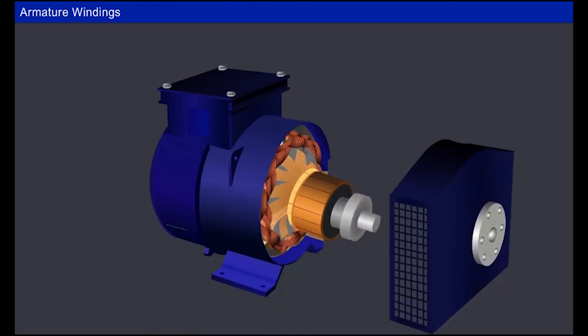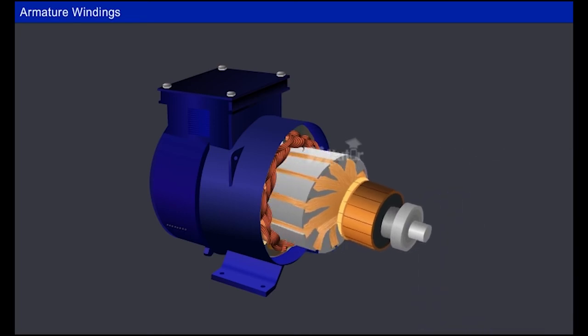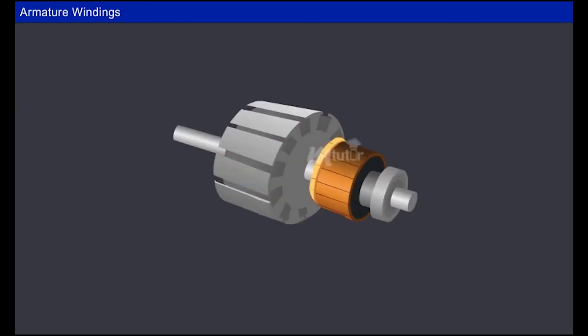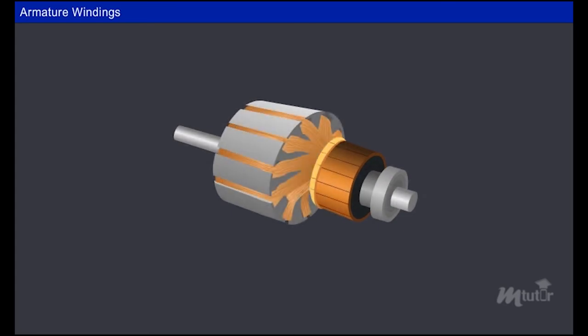Every rotating electrical machine has an inevitable part called an armature, which consists of the armature core with poles and slots, and armature windings accommodated in those slots.